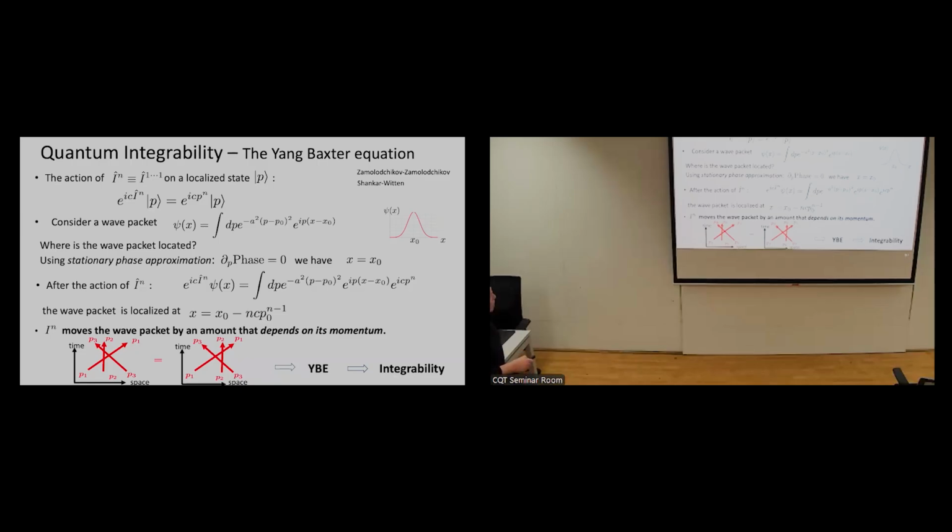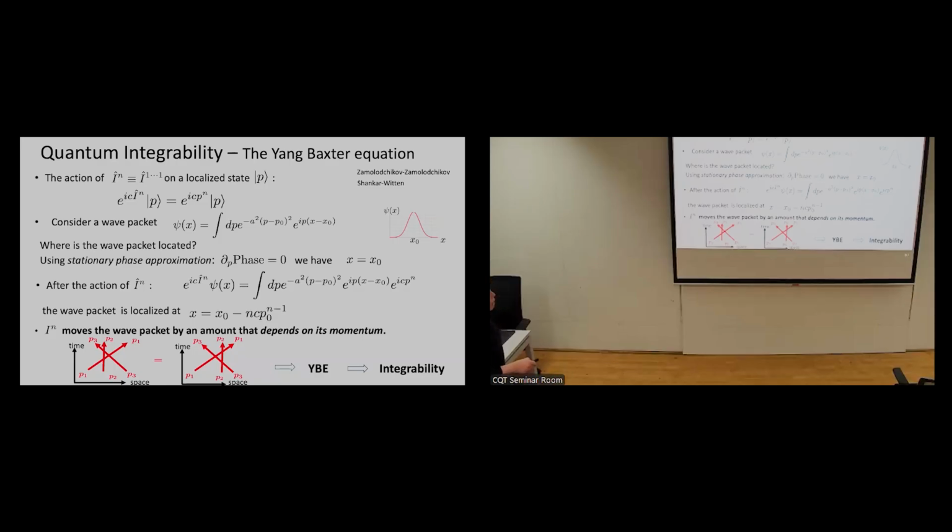Let us now act on this Gaussian state with this charge n. So e to the iC to the n pulls out now a term e to the icp to the n. And now I really don't know how to do this integral, but I can still use the trick.